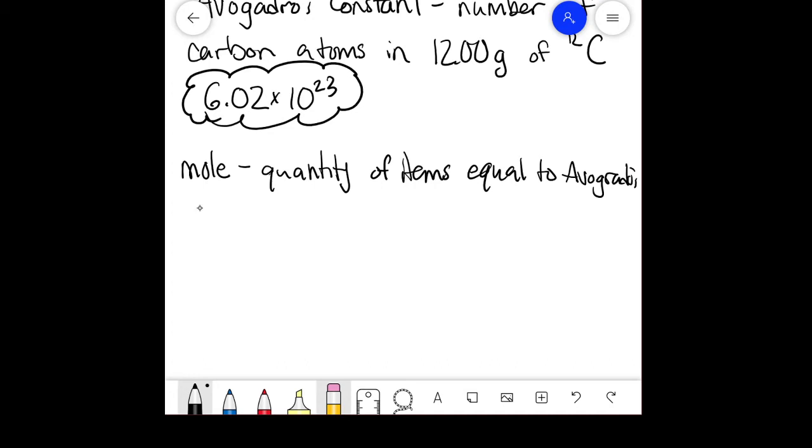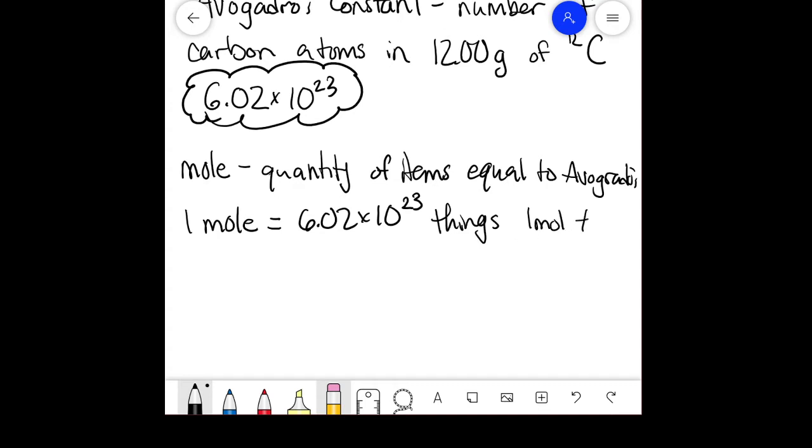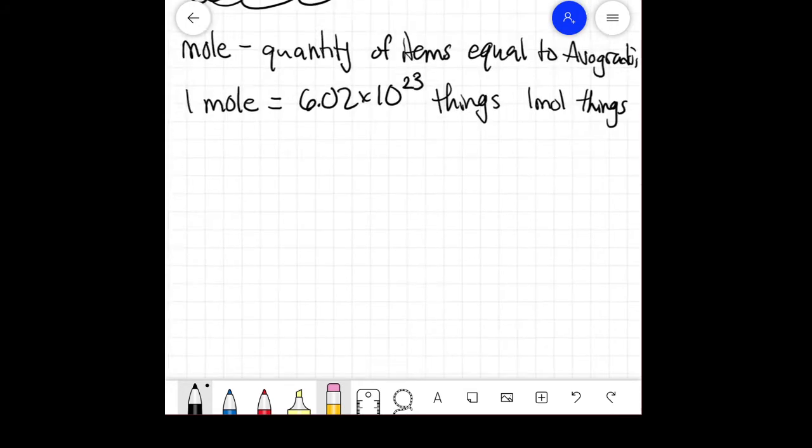and so 1 mole is equal to Avogadro's number, as I said, which is going to come very handy. So you would say I have 1 mole, and that's the abbreviation of things. 1 mole of any substance has a mass in grams equal to the formula mass.